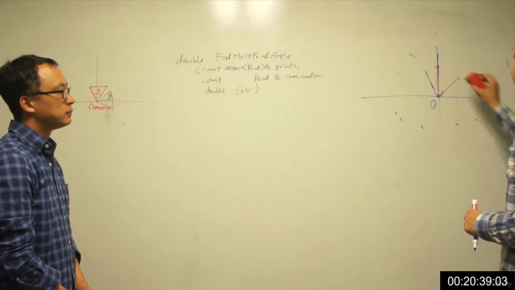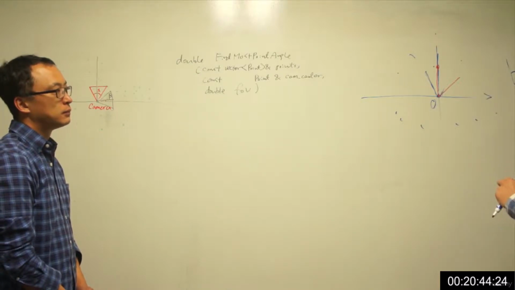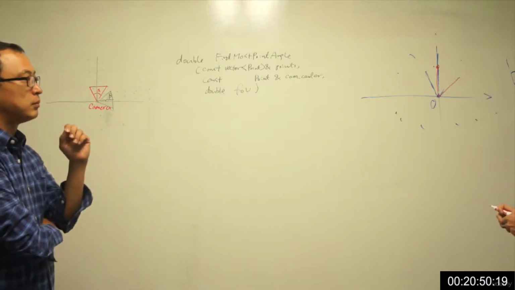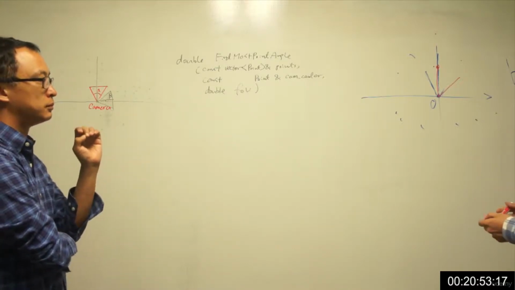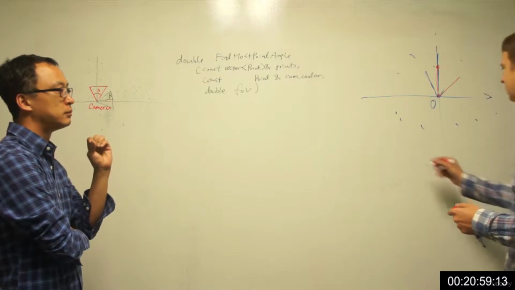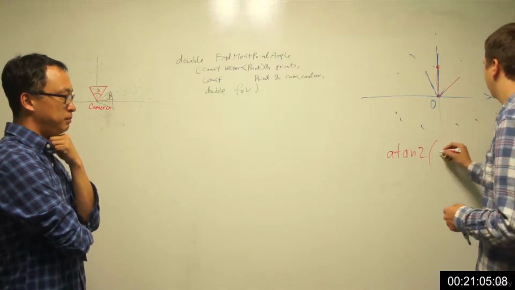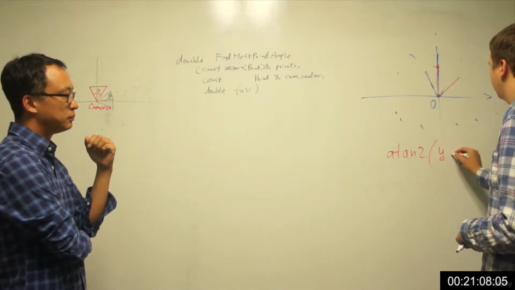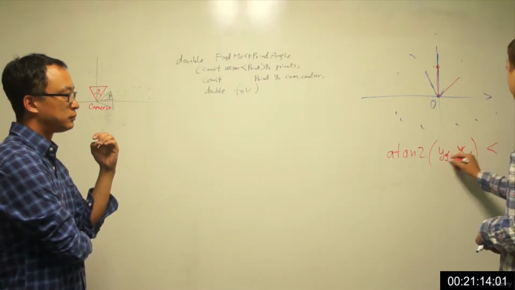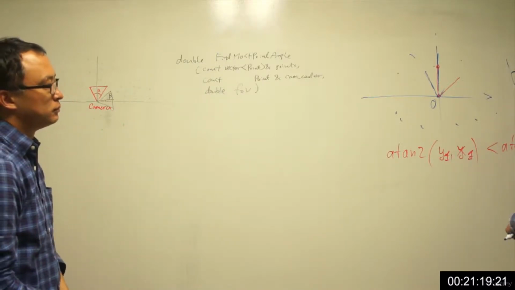So what I want to do is to first sort all points by angle. Let it be counterclockwise. There are different methods of sorting. One of them is to sort directly by angle. We need to use atan2 of, for example, y of the first point and x of the first point, less than atan2 of the second point.